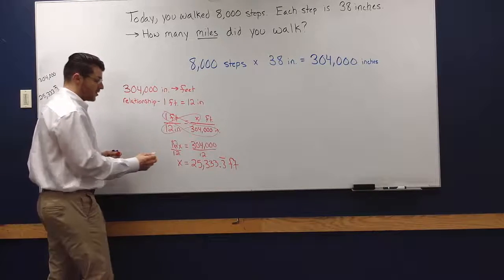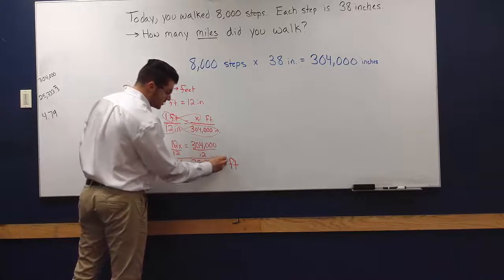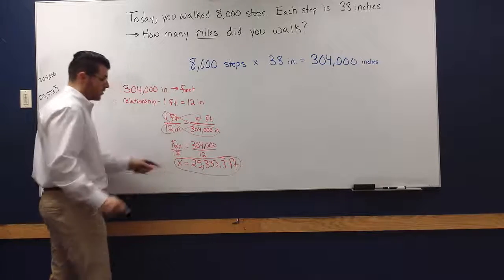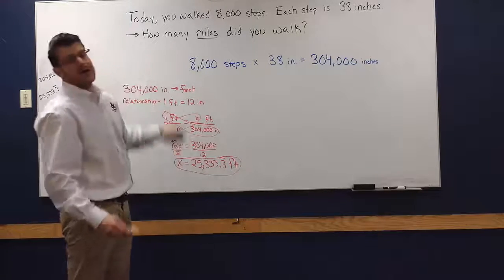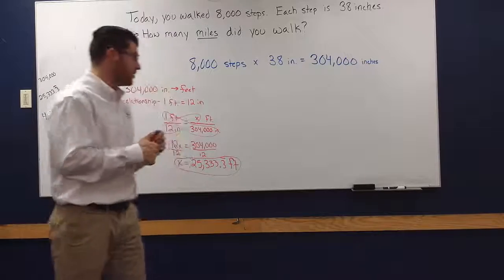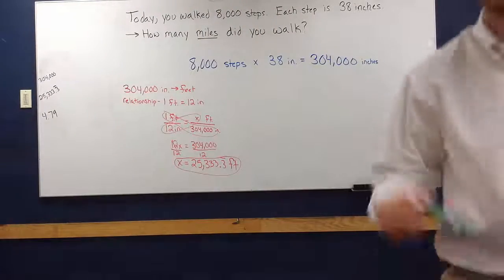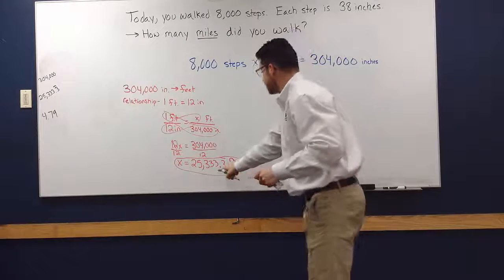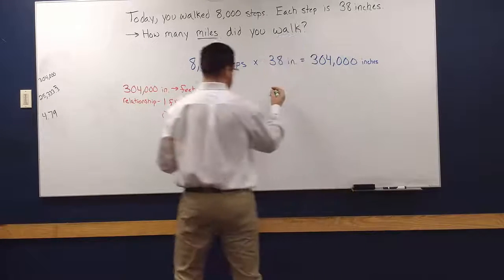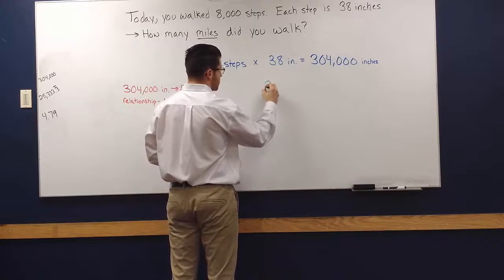So, we are close. We are so close. We have feet. We want miles though. I'm going to grab a different color here. Now, we want to take this and convert it to miles. So I'll come over here.